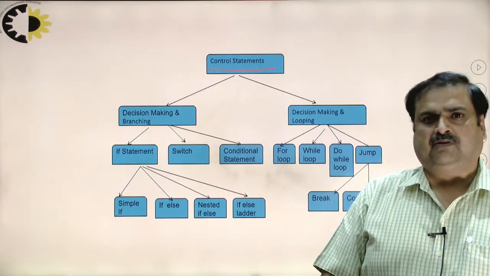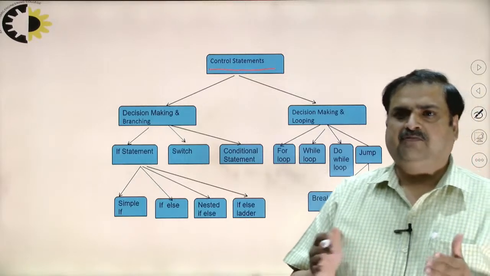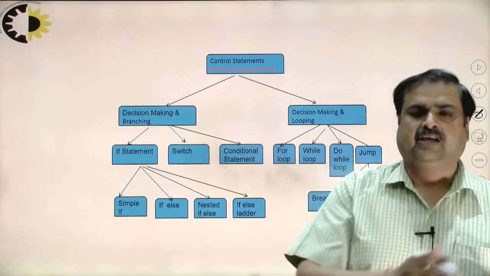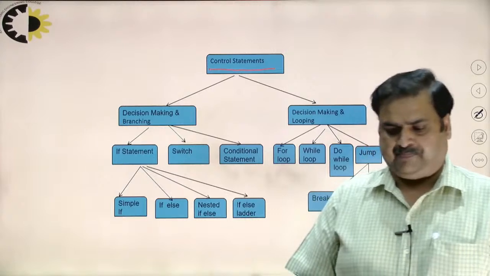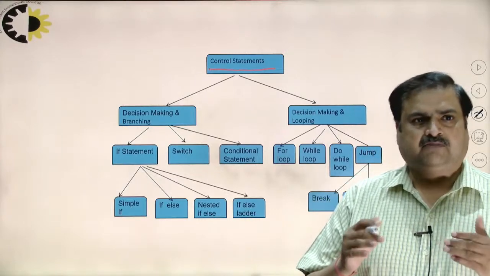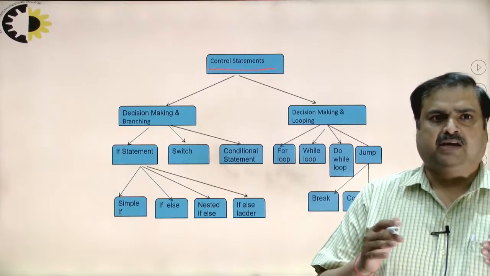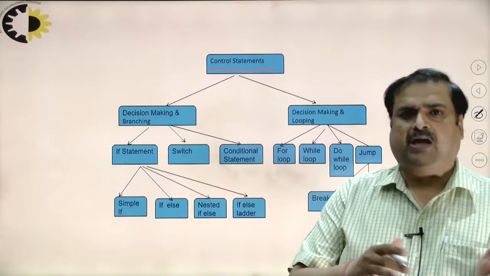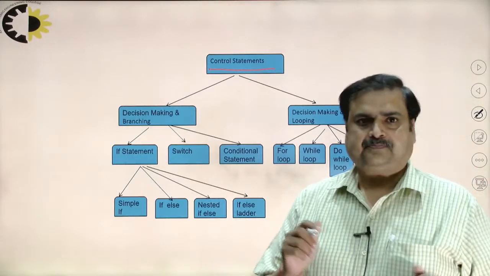But in programming, sometimes we require some kind of decision. If this condition is true, then I want to go this way. If that condition is true, then I want to go another way. That's why C provides control statements which can change the path of program execution as per your requirement.